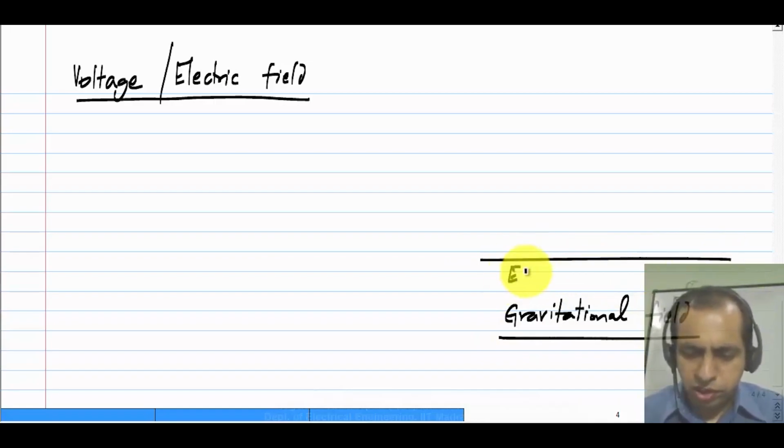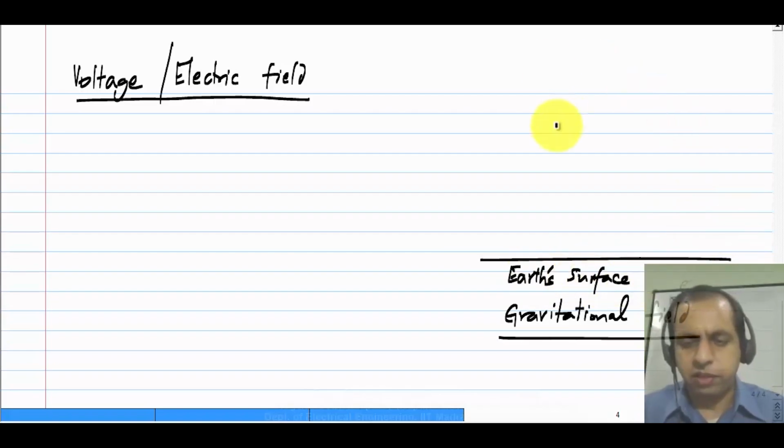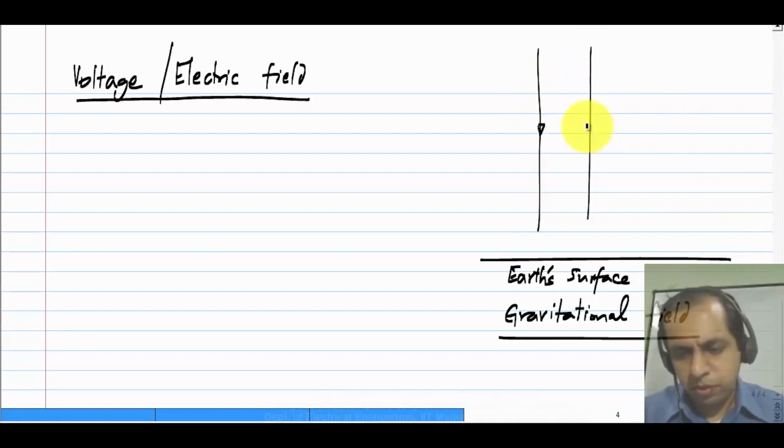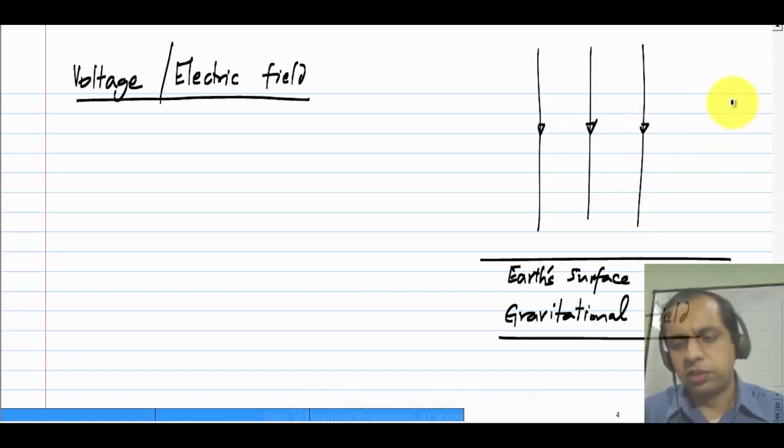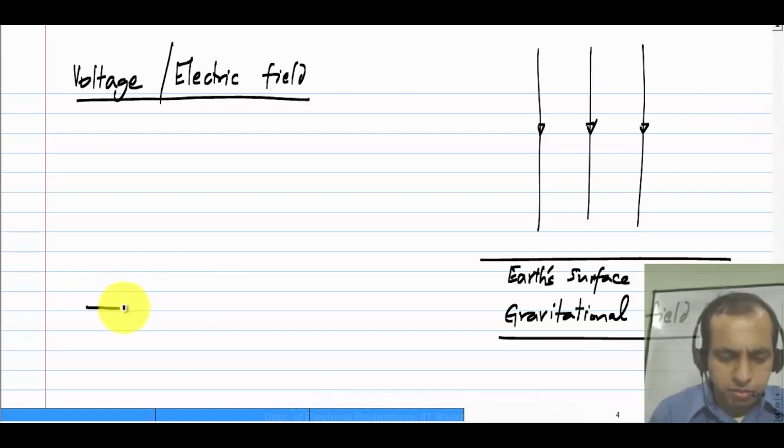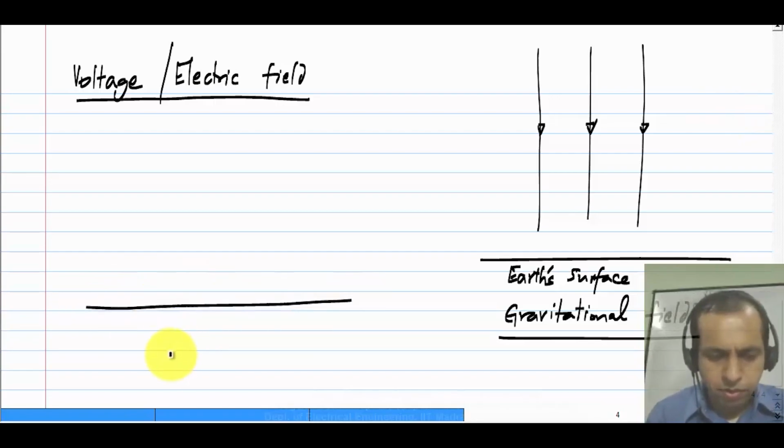So you can think of this as Earth's surface, but of course it could be anything else which creates a gravitational field, and I will consider a field, gravitational field, to be pointing downwards. And similarly, let's consider some source of electric field.